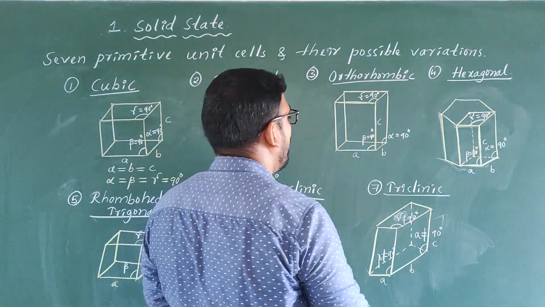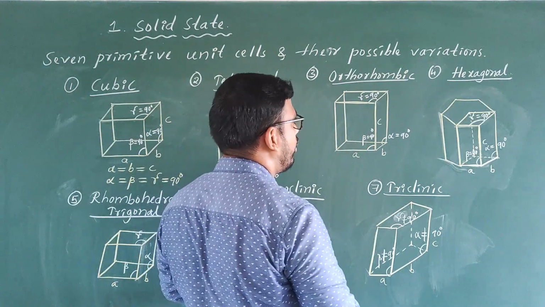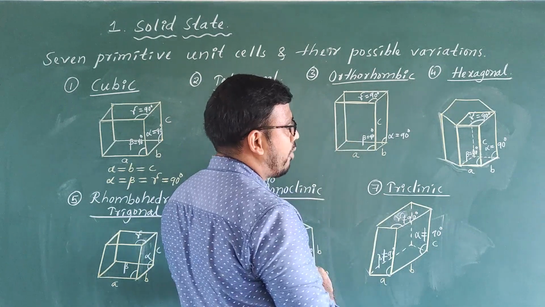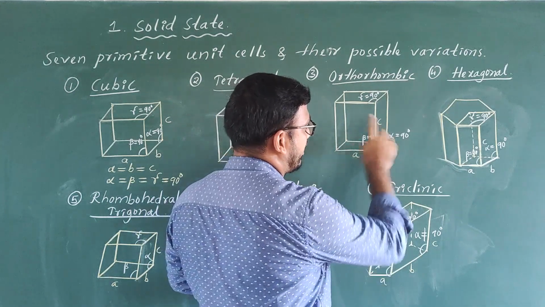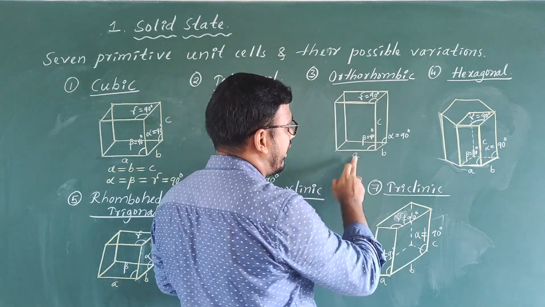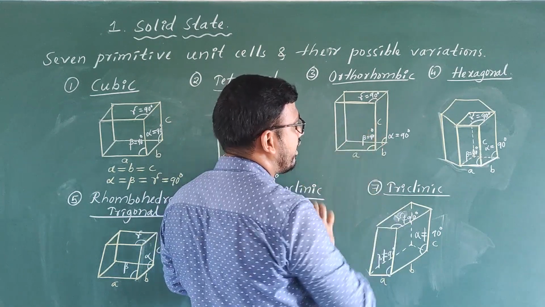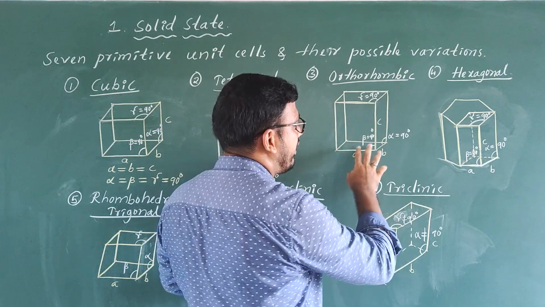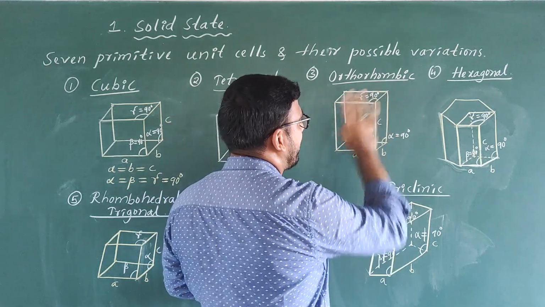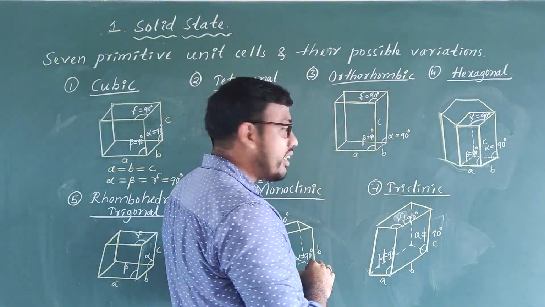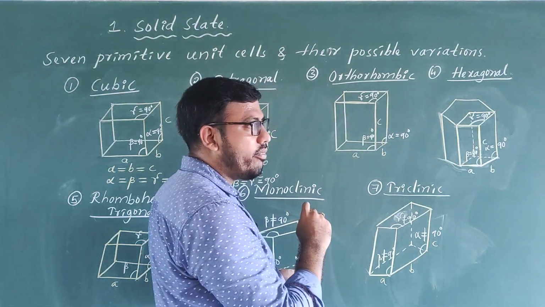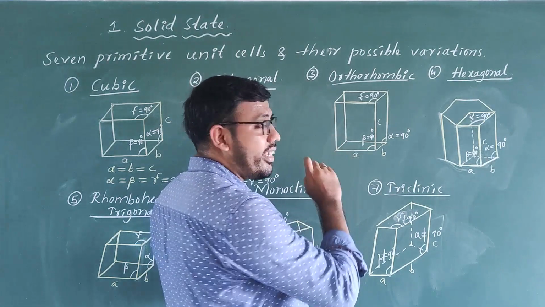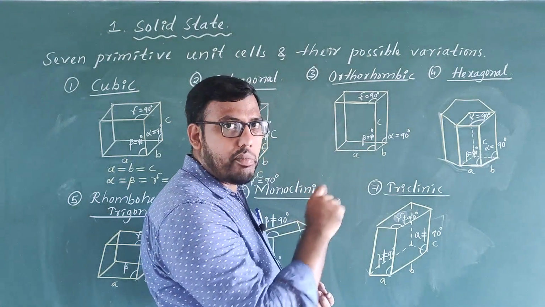Next moving to orthorhombic. If you observe this geometry properly, all the edge lengths are different. The lengths of a, b and c are different, but all the axial angles are equal to 90 degree, meaning they are mutually perpendicular to each other. It looks like a matchbox.